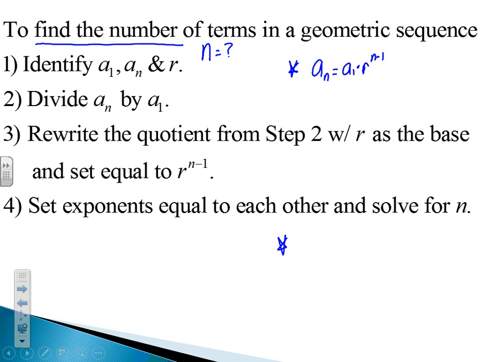Okay, there are spots on my board where my cameras aren't picking it up, so here, let's put it. n, the number of terms that we are looking for, can be found by saying the log of a sub n over a sub 1 divided by the log of the common ratio, plus 1.